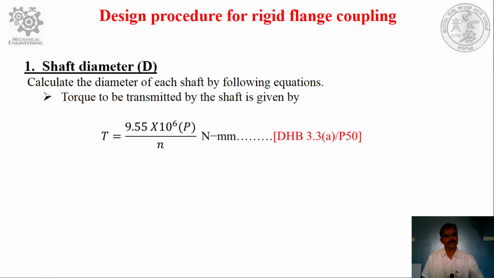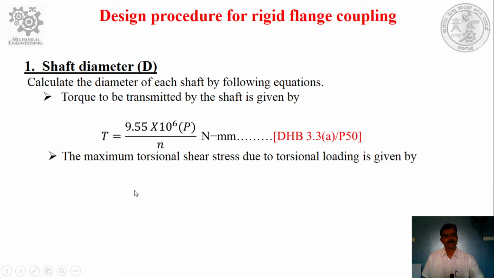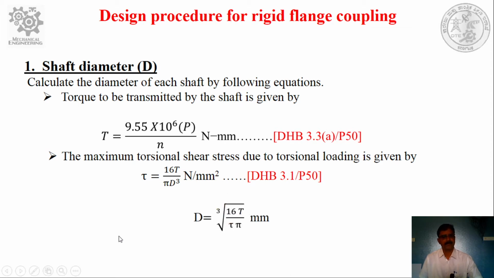From this calculation we get the required torque to be transmitted. The maximum torsional shear stress due to the torsional loading in the shaft is tau equal to 16T divided by pi d cube Newton per millimeter square. From this formula, extract d to calculate the diameter of the shaft. That is d equal to cube root of 16 into T divided by tau into pi.